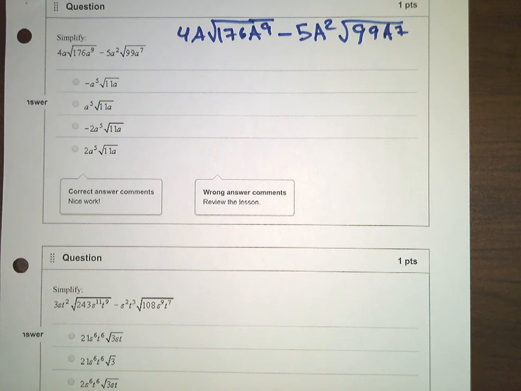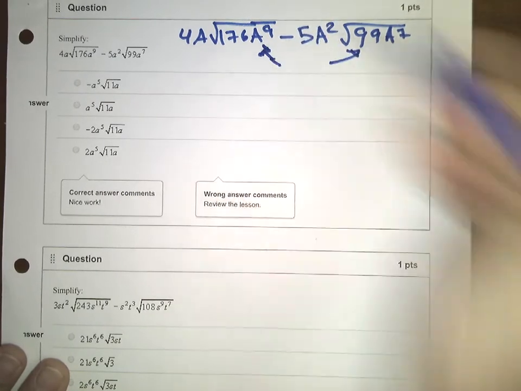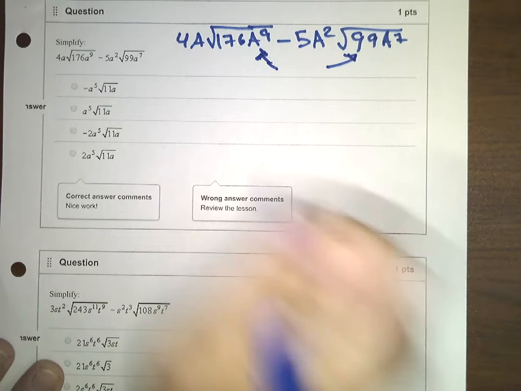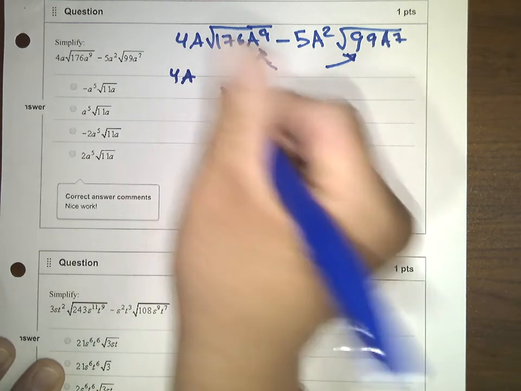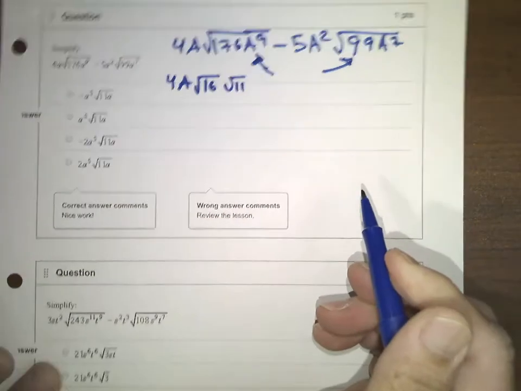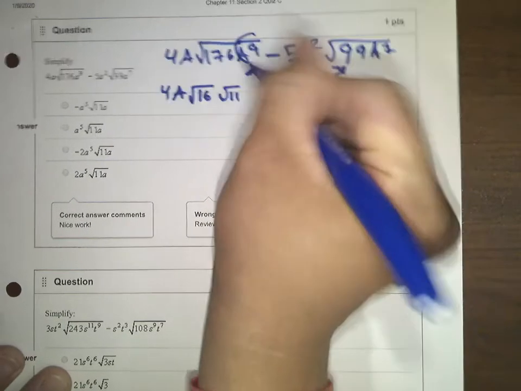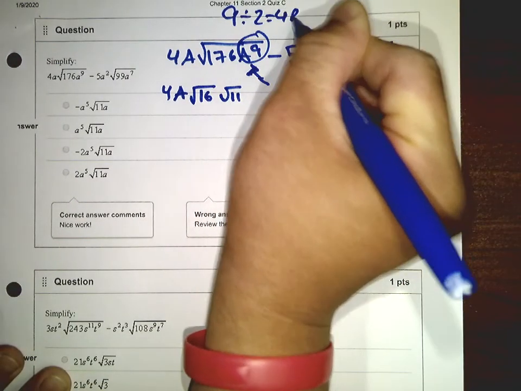Well, we have to do the same thing as before and just realize that these are not the same radical. So we are going to simplify the square root. So we have 4a, and then the square root of 176 is actually 16 times 11. And then for the square root of a to the 9th, we know that 9 divided by 2 is 4 with a remainder of 1.